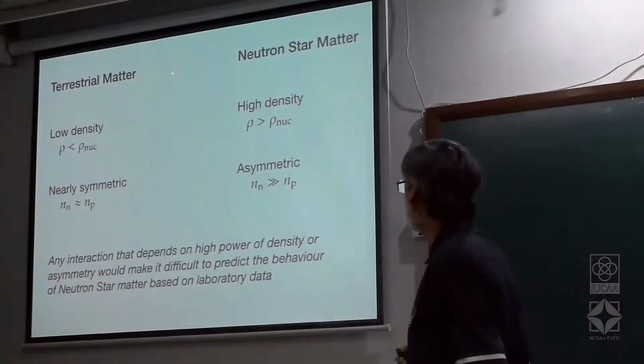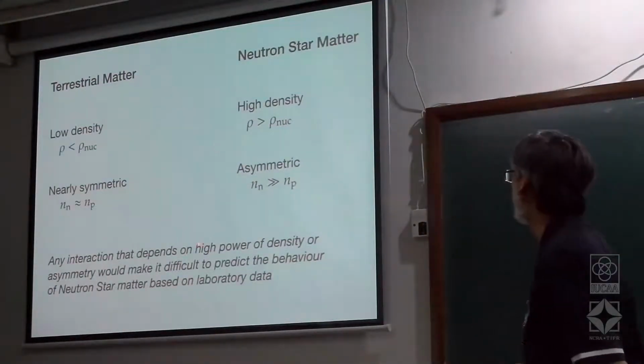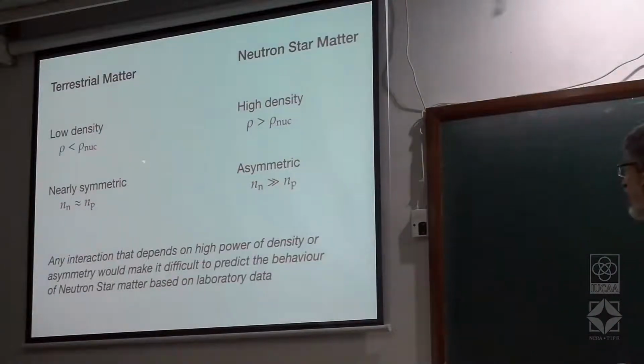So just to highlight the difference between terrestrial matter and neutron star matter: in terrestrial matter, what we can do is look at low densities, densities less than nuclear density, and terrestrial matter is nearly symmetric. All this matter we see around us, Z by A is roughly equal to half.